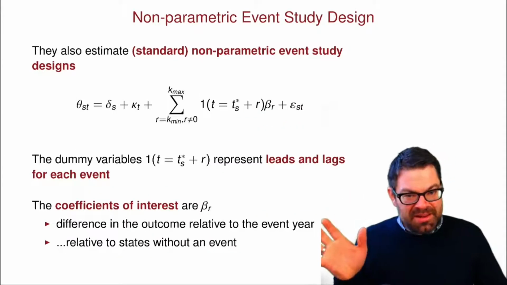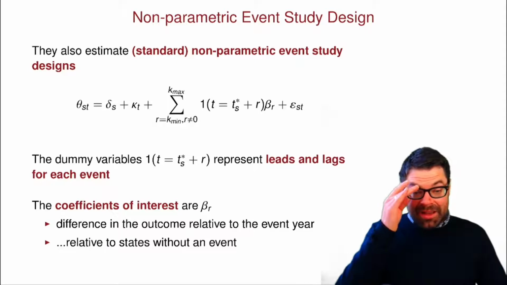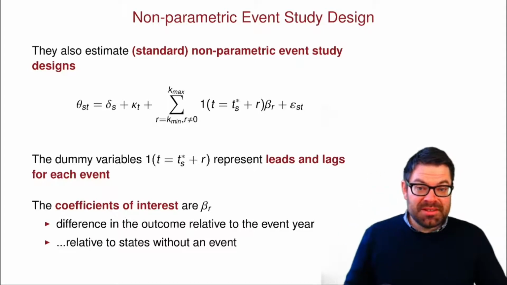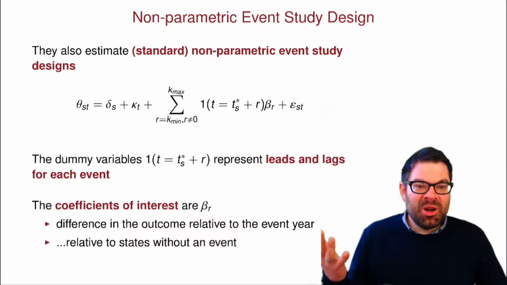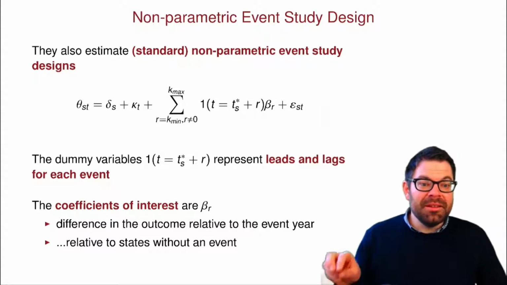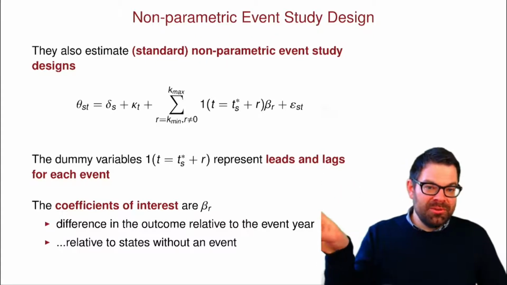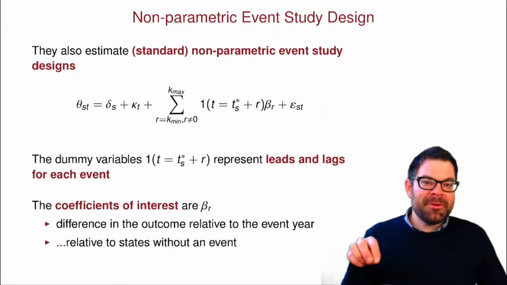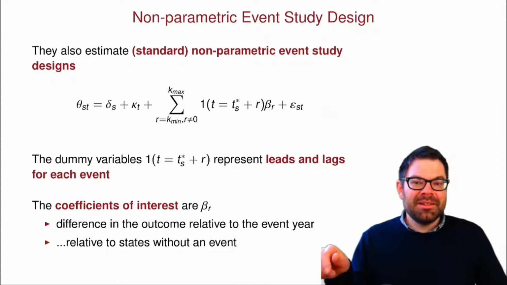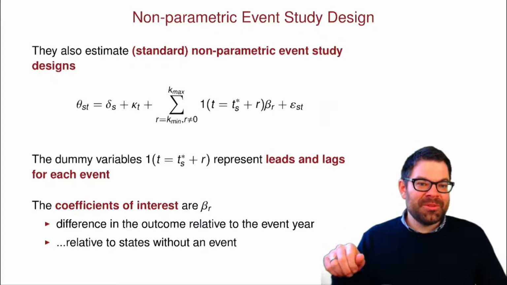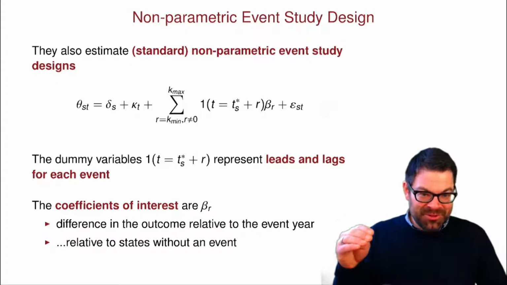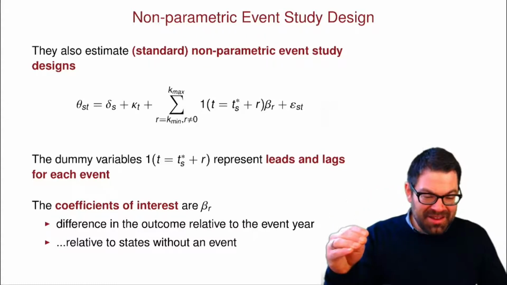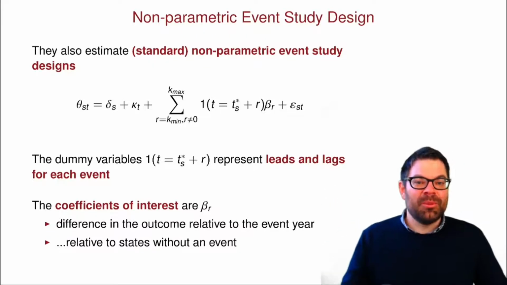So what they do then is also to use a more flexible, a non or semi-parametric event study model, whereby they have for each year in the event window, so a couple of leads, a couple of lags, a dummy that equals 1 if we are after the event in a state that has been treated, and 0 otherwise.